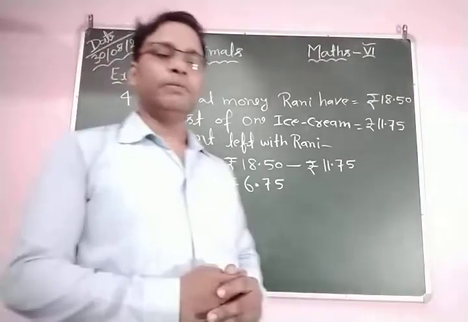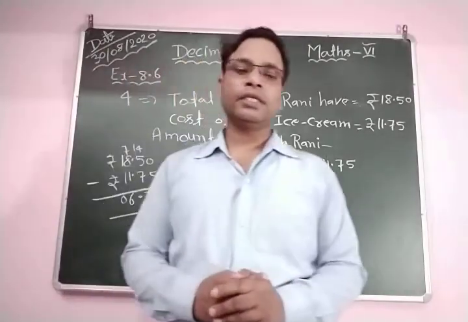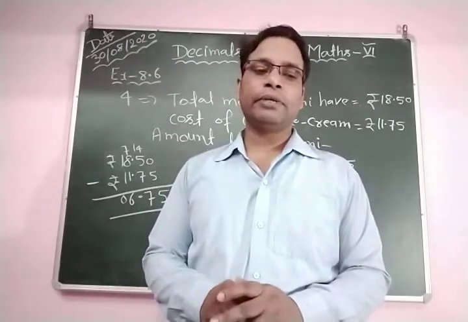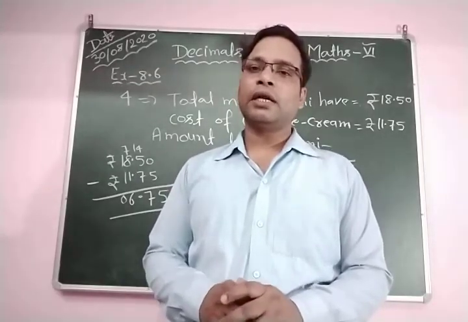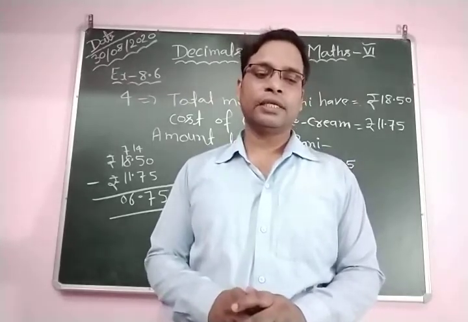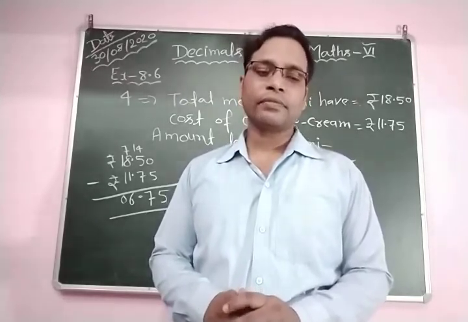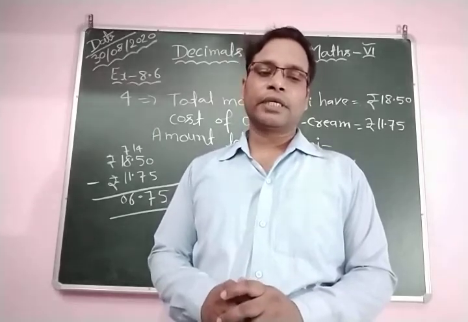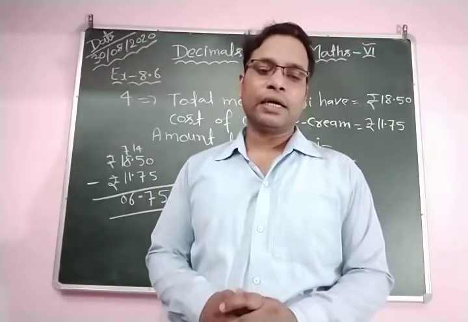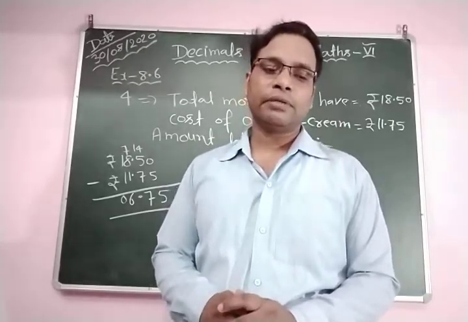Question number 5: Tina had 20 meter 5 centimeter long cloth, and she cut 4 meter 50 centimeter length of the cloth from this for making a shirt, and how much cloth is left with her?